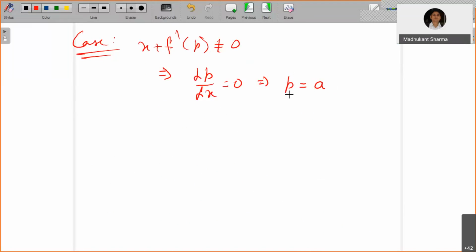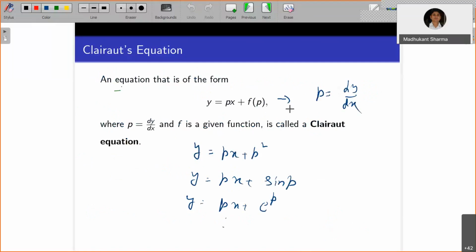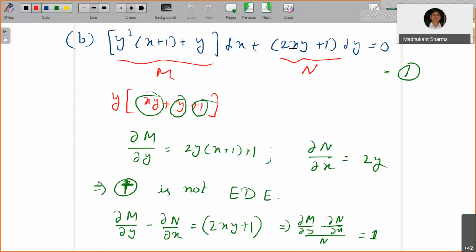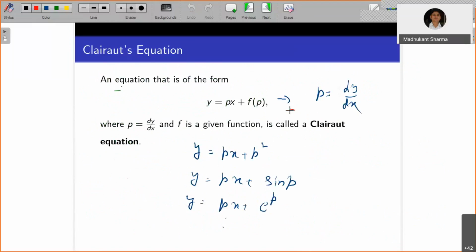Or you can eliminate p. You can say p equals a is equation 2, and the original equation is 1.